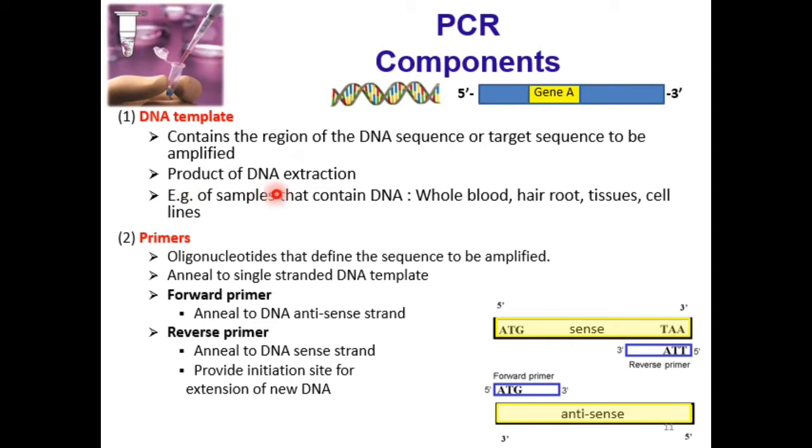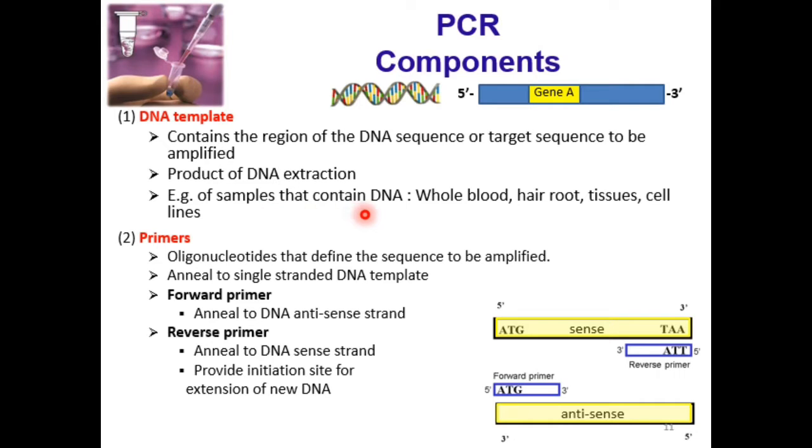Of course, this comes from the DNA extraction. So before PCR, you need to do DNA extraction, get the DNA sample, then you will amplify it by PCR. So you need DNA extraction to get the DNA template that contains the sequence that you are interested in. From where can we get the DNA?